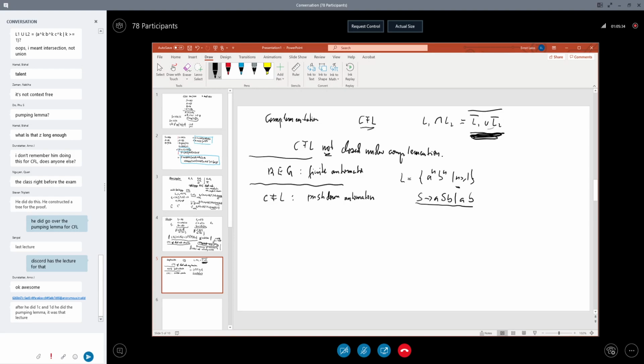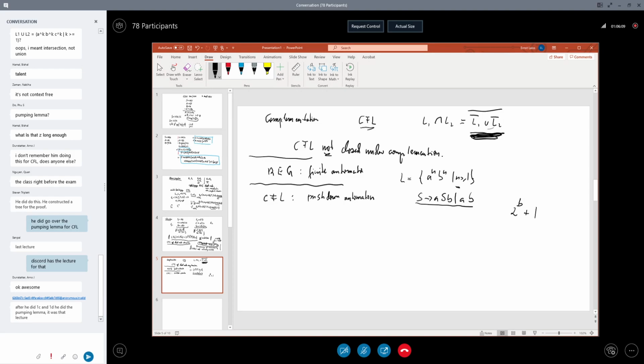And that, of course, then implies that you have to have an unlimited amount of storage. Because if you have only a certain fixed number of bits to store, say, B bits, then you can't store anything larger than 2 to the B. So if I give you something that has 2 to the B plus 1 A's, then you're screwed, because you can't really record that there were that many A's.